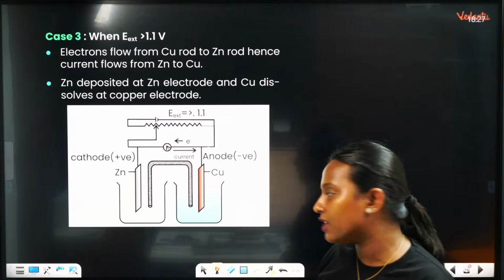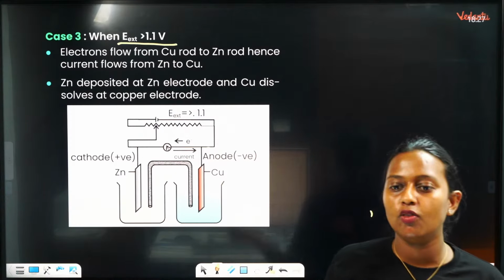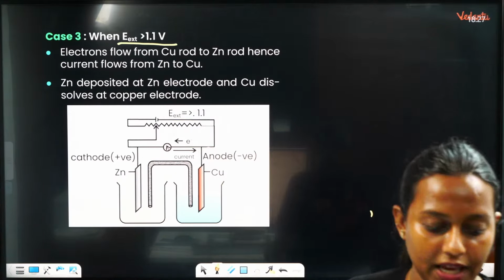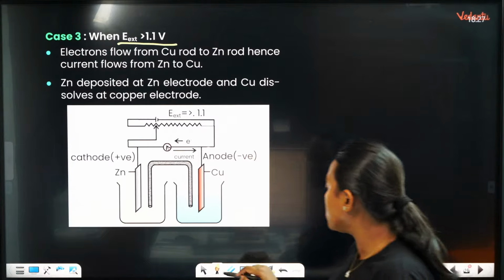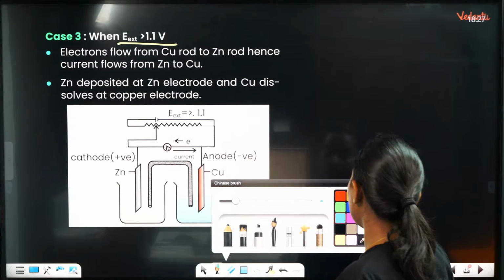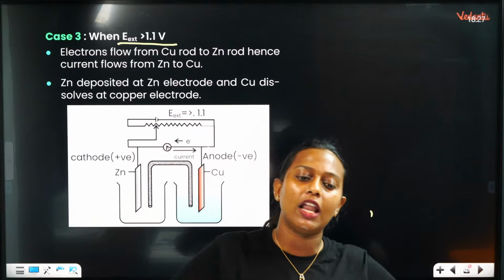What is case 3? Case 3 means I am applying energy more than 1.1 volt. Then what will happen? You tell me.